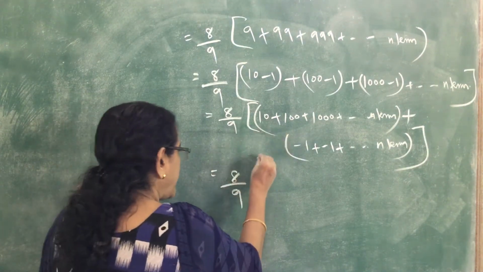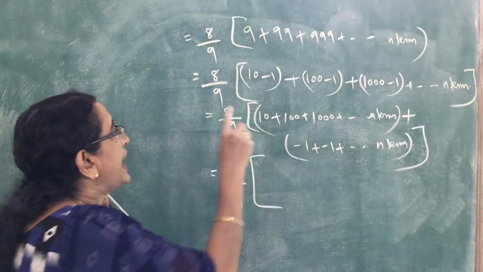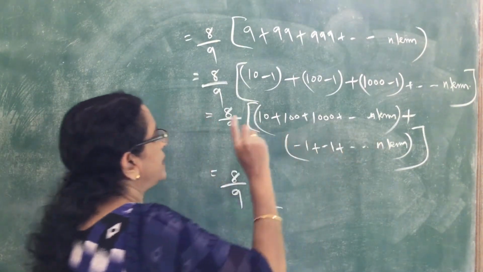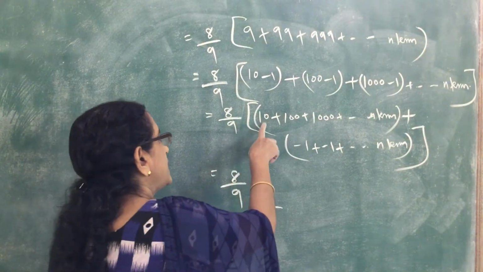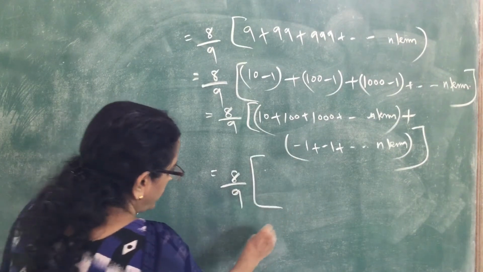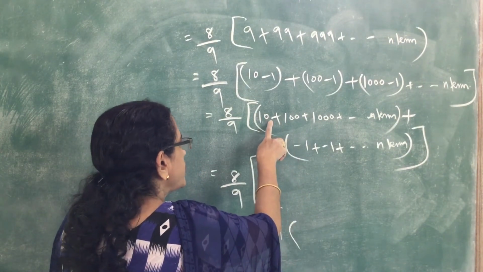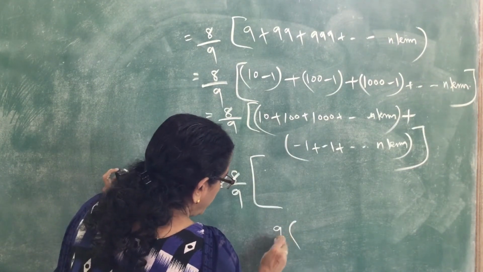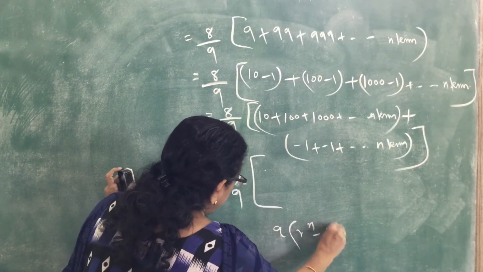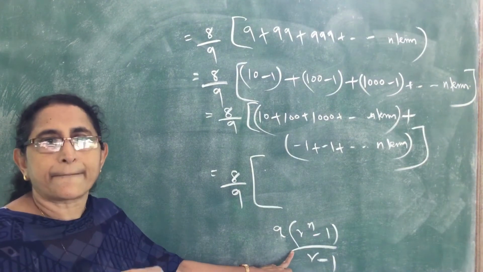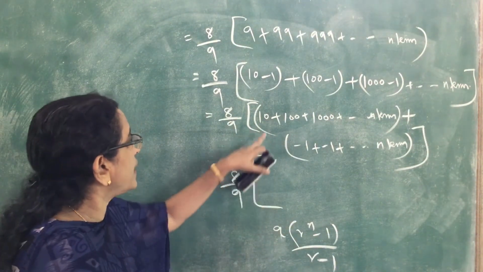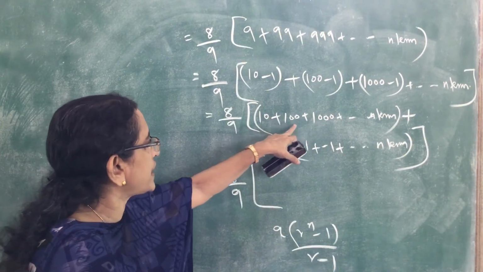So 8 by 9 is outside the bracket, and for this sum we can apply the formula for the sum to n terms of a GP. So Sn equals A into R raised to n minus 1 by R minus 1. A is 10, the common ratio is also 10, 100 by 10.